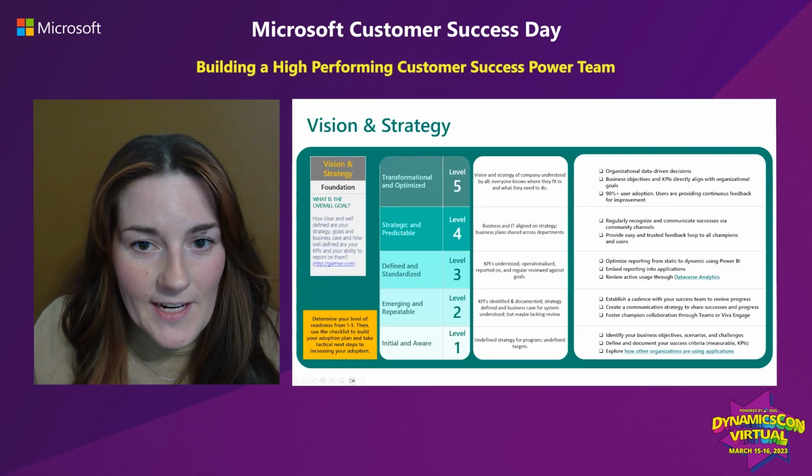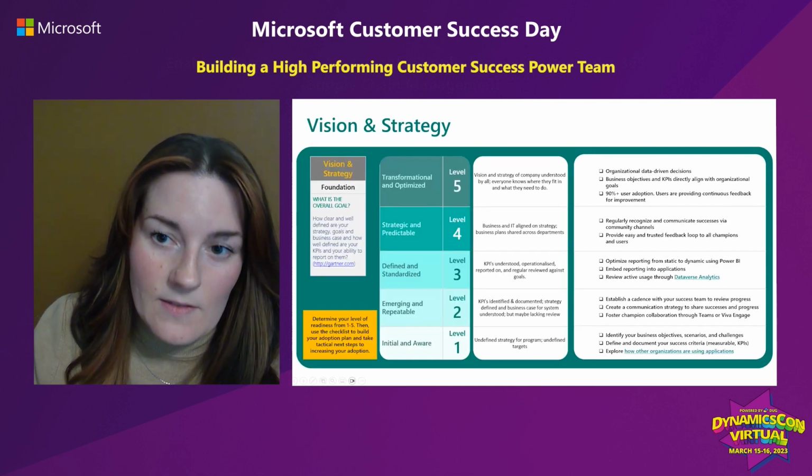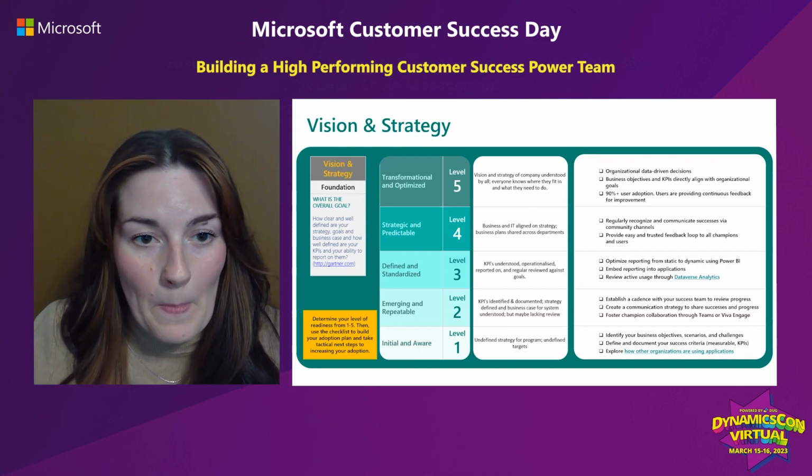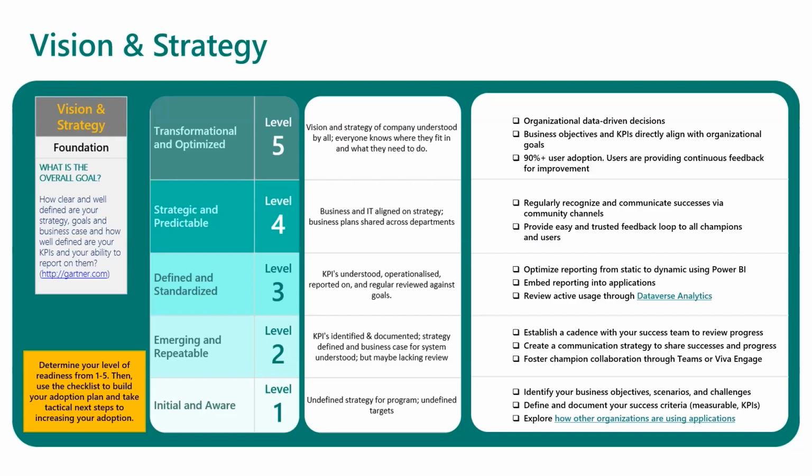So to help you understand this method of measuring readiness, let's walk through this as if we are on the same adoption team together. So starting with vision and strategy, you'll want to think about how clear and well-defined are business cases. How well-defined are the KPIs or success metrics? What is your ability to track and report on those metrics?